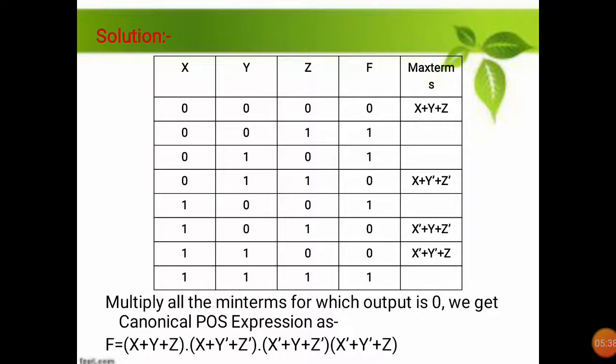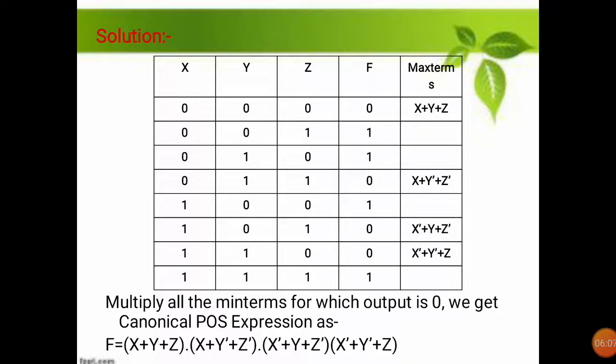Now answer. First of all, we add one column for the max term and we have to calculate the max term of those rows where the output is 0, just opposite to SOP. Here the first row, then the fourth row, then the sixth and seventh rows have the output as 0.